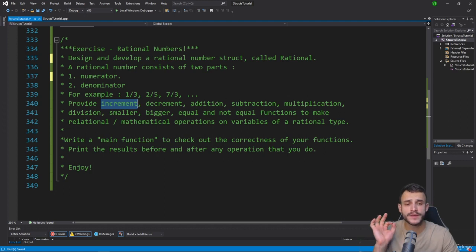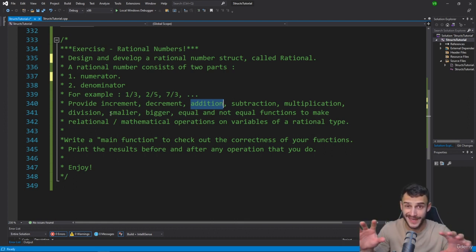There should also be functions for addition between two different rational numbers, and once you calculate the addition between two of them, you will need to return the result. Also for subtraction, multiplication, and division, you will write functions, and also functions to decide which one of the rational numbers is smaller or bigger, to compare two rational numbers.